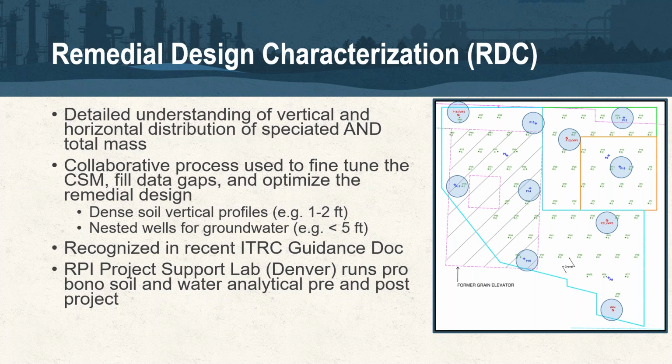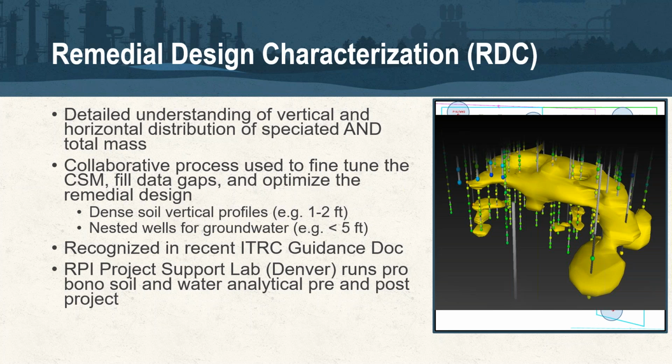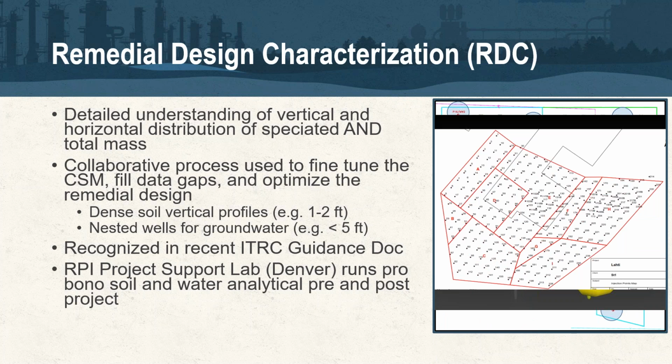The thing about the RPI laboratory is that they run their analyses pro bono. It's not certified in any state. It's just for design purposes, but you're getting 8260B data and other common EPA methods. I already showed you that figure, and we take that information and carve up the site into all these different treatment areas.